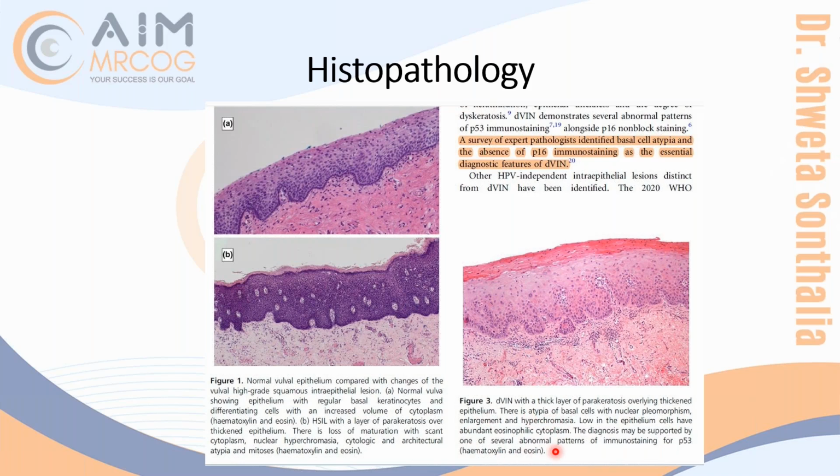This is what makes the difference in histopathological examination to diagnose the differentiated type of VIN, as well as it being in the background of lichen sclerosis, by which history also you can differentiate and diagnose it. But immunohistochemistry is something they have highlighted. So you should remember that this is P16 positive, which is HPV positive, and this is P16 negative and P53 positive.